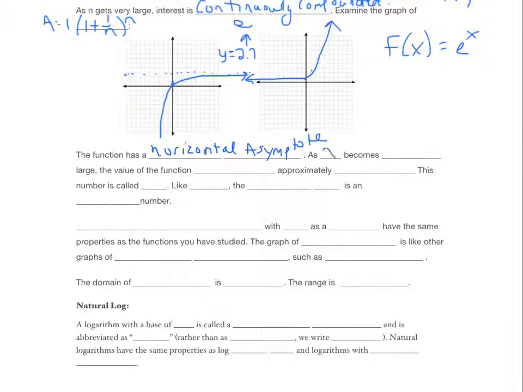As n becomes infinitely large, the value of the function approaches approximately 2.718.